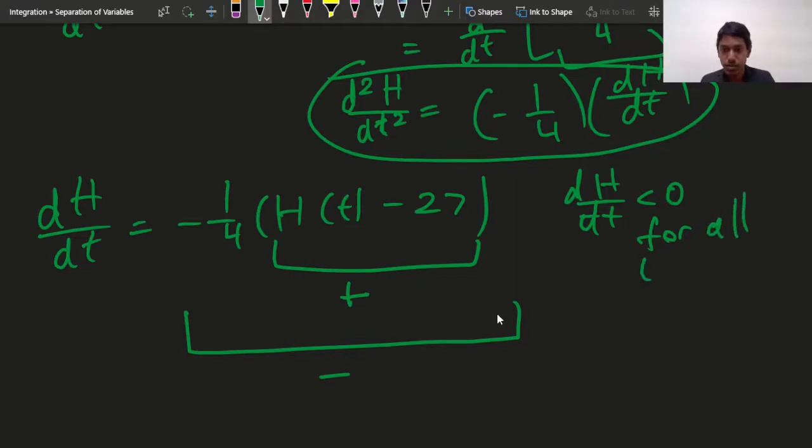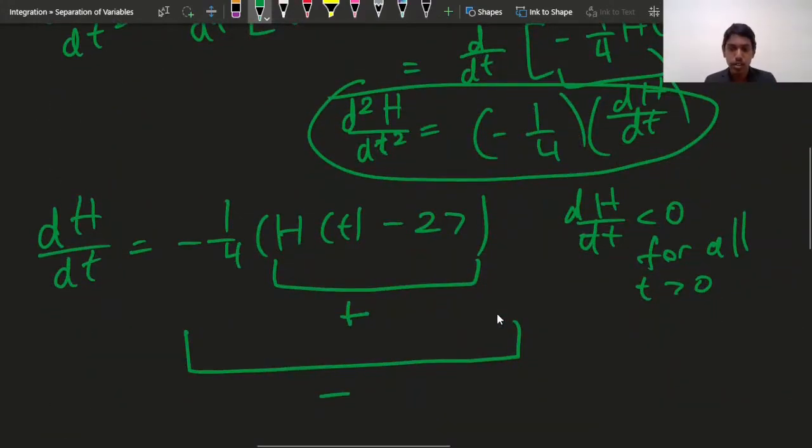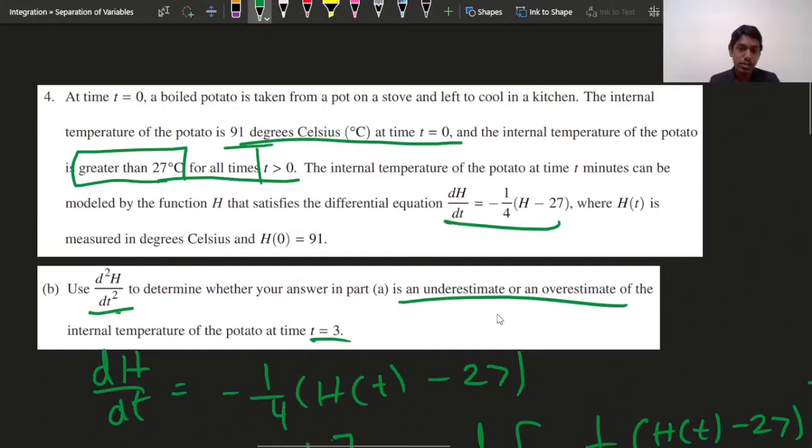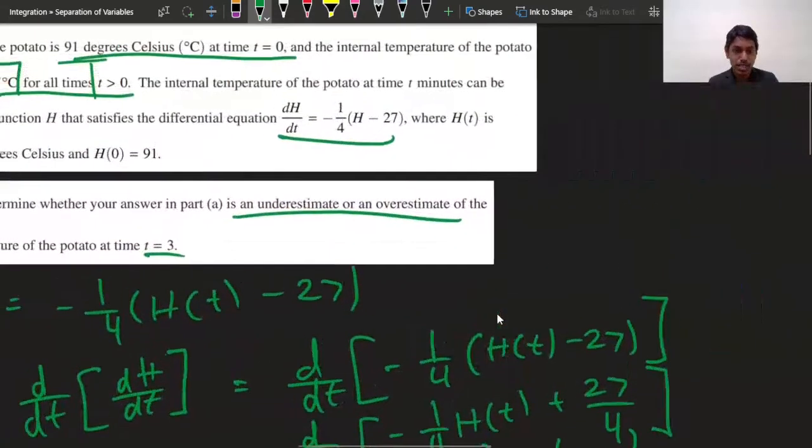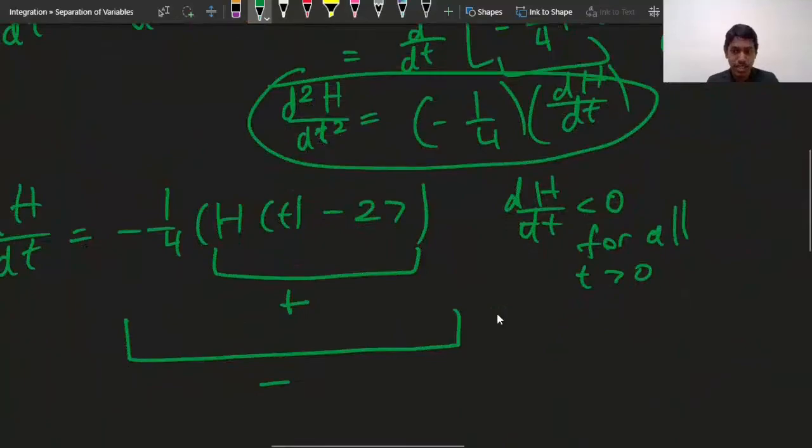You need to state this for all t greater than 0, because that means that it'll work all the way up to 3. At 0, right, we have to include 0, and we know what it is at 0. It's negative. We found it out, right? It's negative 16. So that's not something to worry about, that this t interval doesn't include 0.